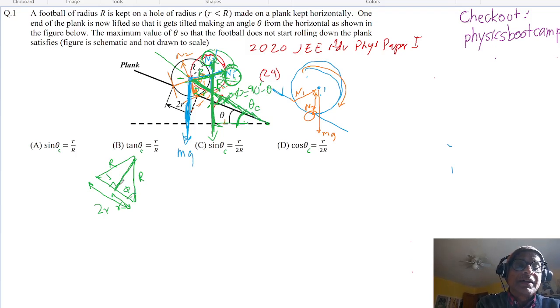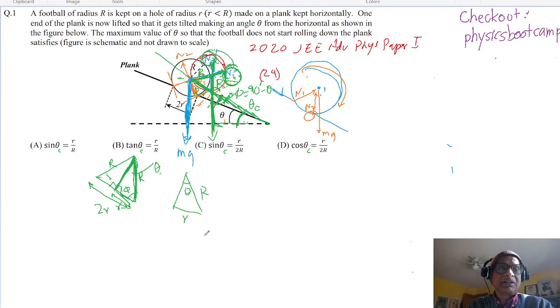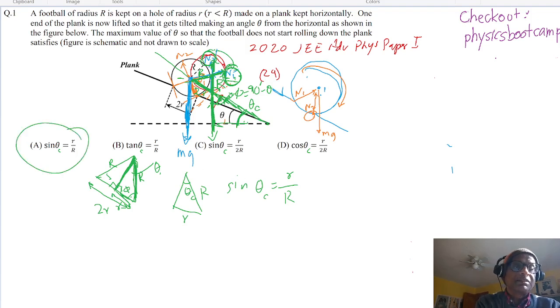So in this triangle here, this will be theta. So in that triangle, we have r and this theta. And so sine of this theta that we want, the critical theta, is equal to r over R. And looking at the possibilities here, this is the answer.